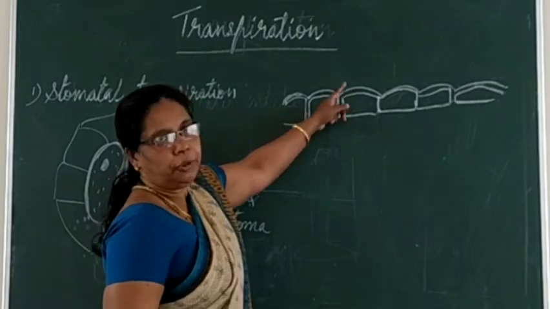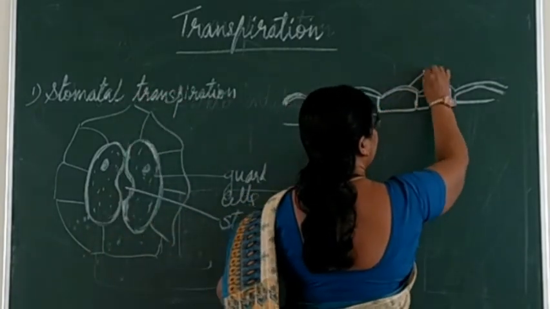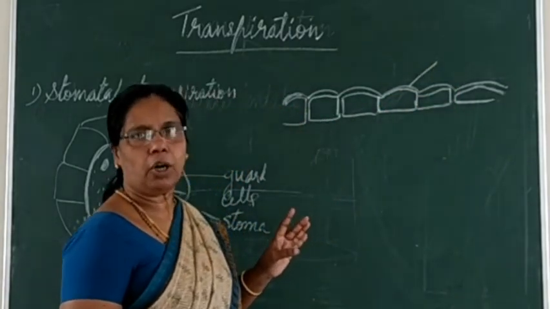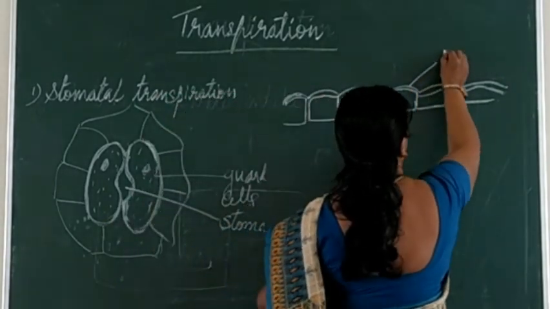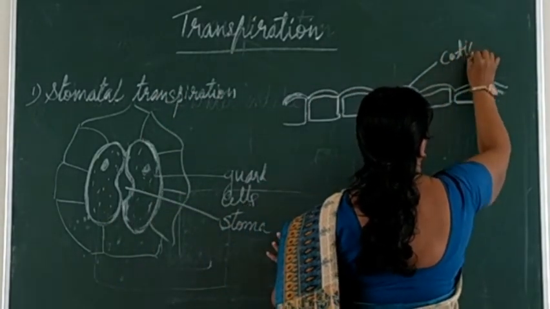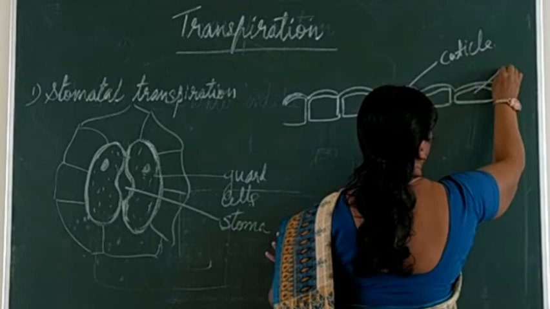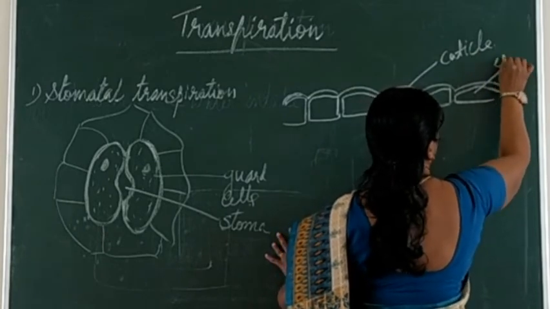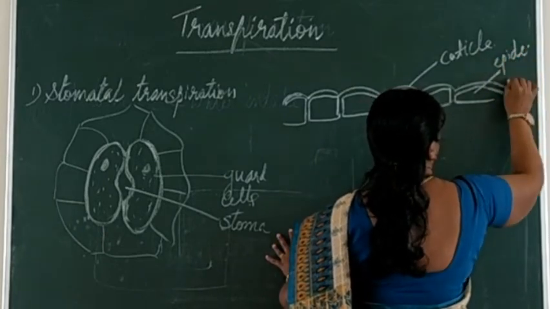So this is the cuticle, the outer layer. A thick layer is present which is called the cuticle. And this first layer is called the epidermis.